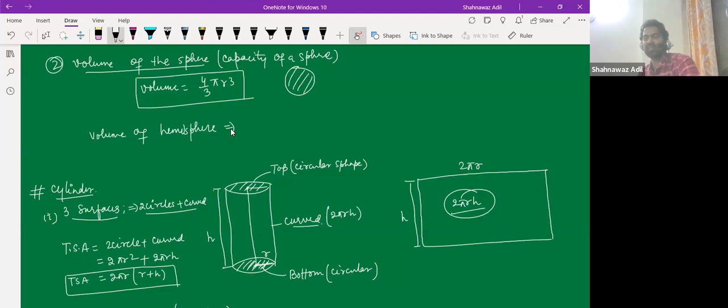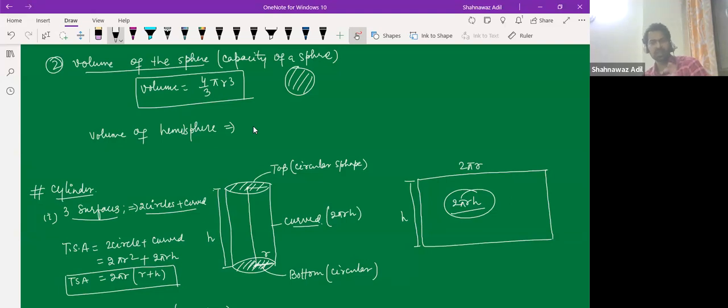What would be the capacity if I just cut the sphere in two parts, cut it in half? Let's say you have a glass and then you cut that glass in half.